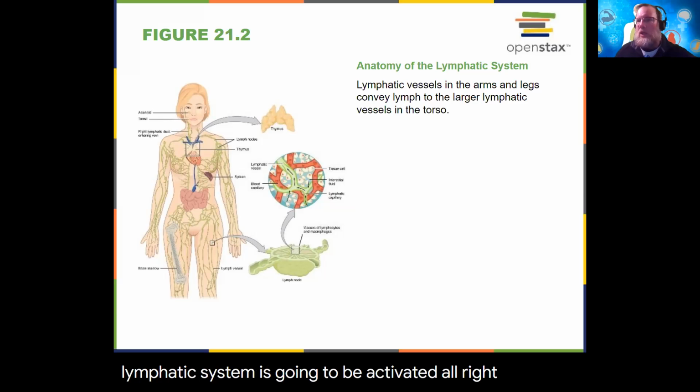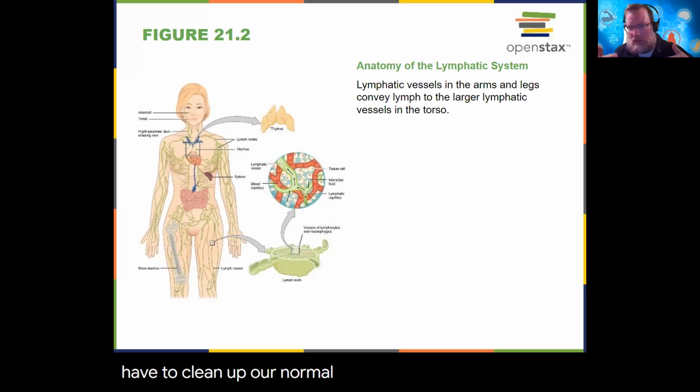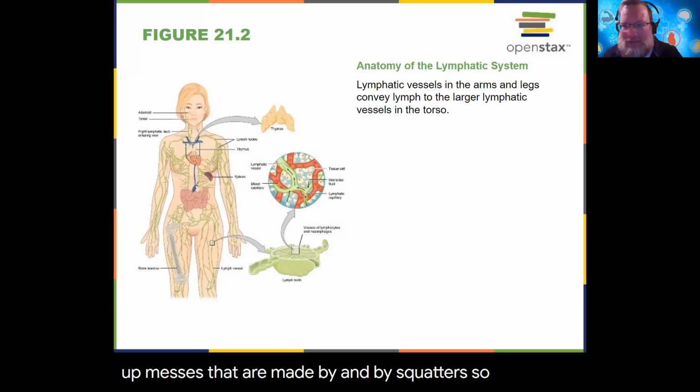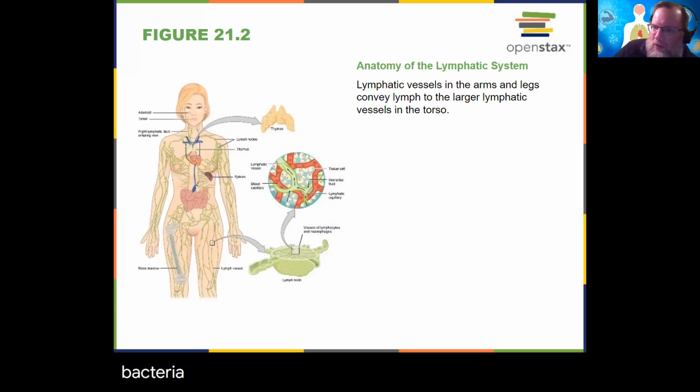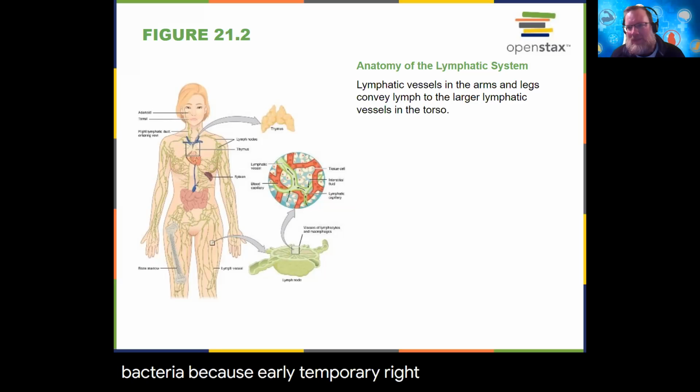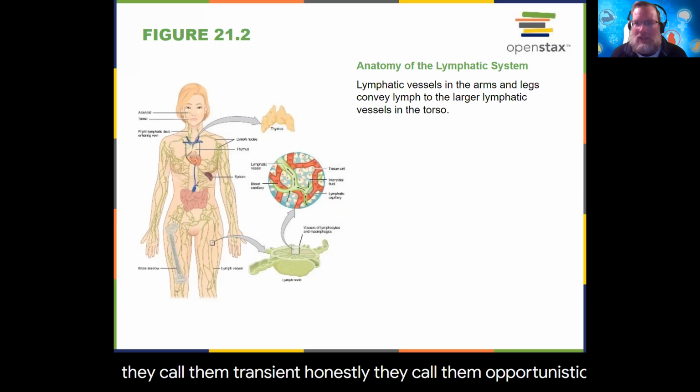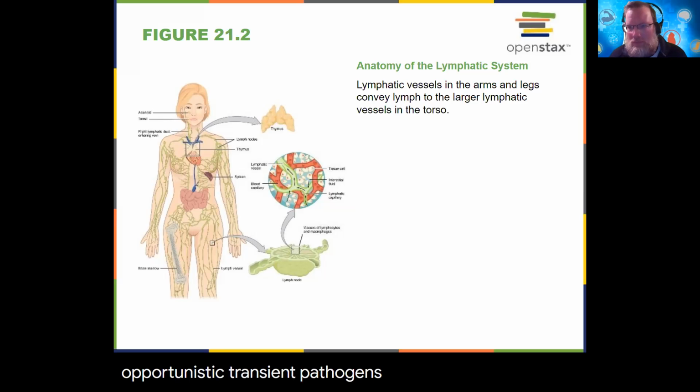All right, so we have to clean up our normal messes, and we have to clean up messes that are made by squatters, like viruses and bacteria, because they're only temporary, right? They call them transient. Honestly, they call them opportunistic transient pathogens.